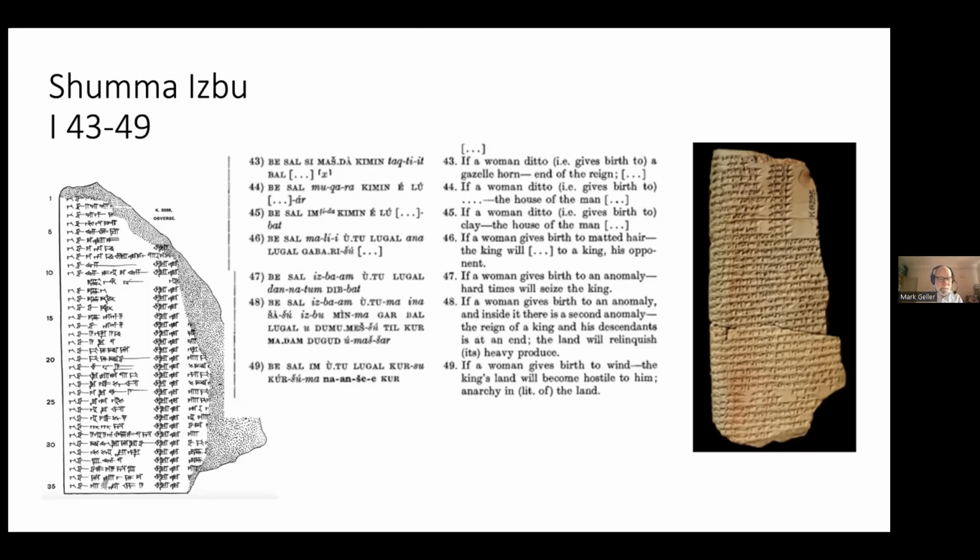Now, as you can see, each separate entry takes up only a single line of the tablet. That was also mentioned this morning by Pavel. And here on the obverse, the scribe has done a very good job of lining things up in a sort of tabular format. You can see on the left the terms "shumma issu", if a woman, and "ultu", if she gives birth.